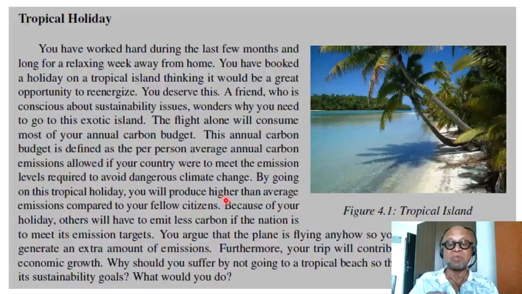So it's not that simple to argue that the plane would be going anyways. Plus, as this blurb says, the trip will contribute to employment and economic growth. Humanity is known for its exploration of the planet as well as now beyond the planet, beyond the solar system, and so on. So there are pros and cons to doing this.